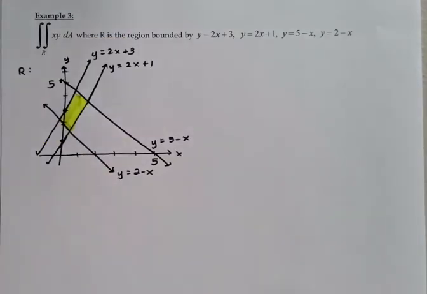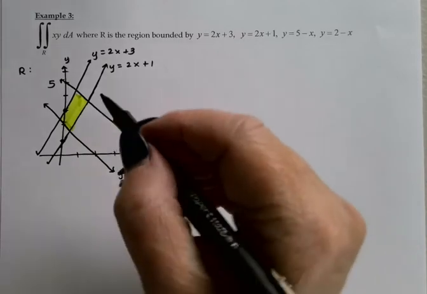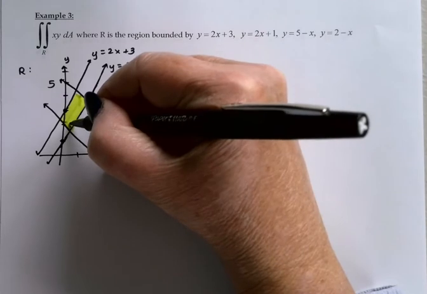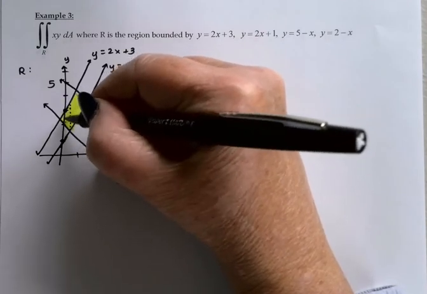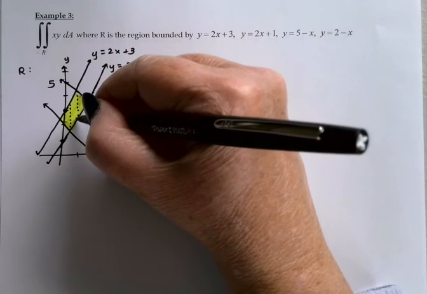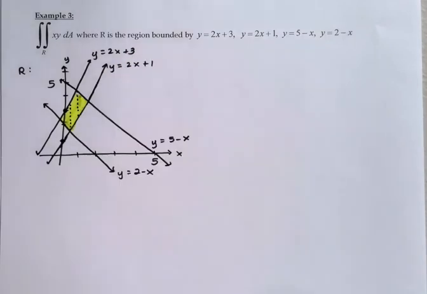Here's what I hate about that region. If I were going to do my integral with x's and y's, I believe that I would need at least 3 double integrals to do this. I'd have to imagine breaking it up here between those 2 lines, again there between these 2 lines, and then over here between those 2.